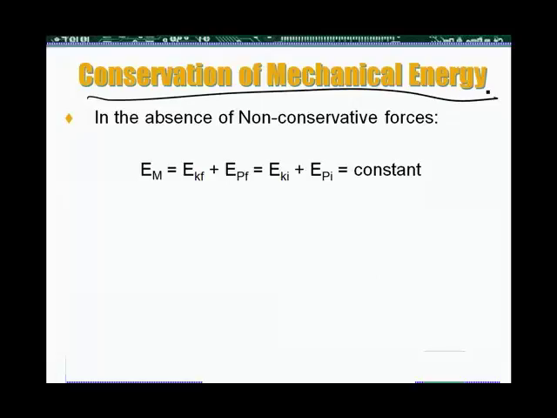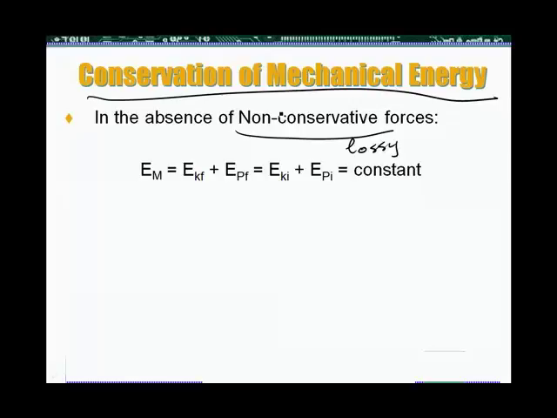Now, what does the conservation of mechanical energy say? The mechanical energy is going to stay unchanged unless we have non-conservative forces, meaning lossy forces. Like if we have friction or air resistance, those are going to affect the mechanical energy.